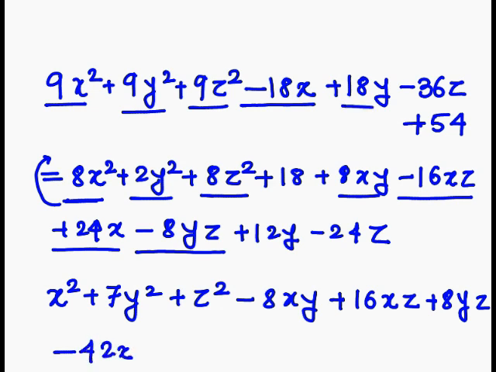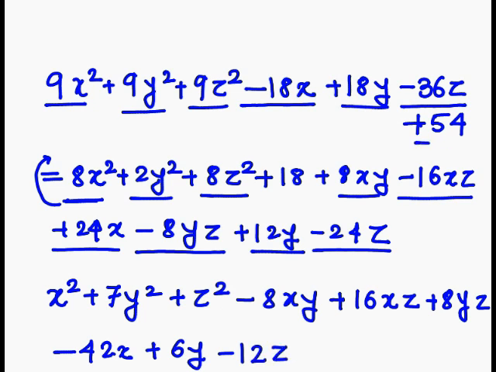Now for the same term, 18y and 12y, we get plus 6y. Then minus 36z, and the right side term becomes plus 24z, so we get minus 12z. And the constant term we have is 54 minus this 18 value, so we get plus 36 is equal to 0, which is the required equation of a right circular cone.